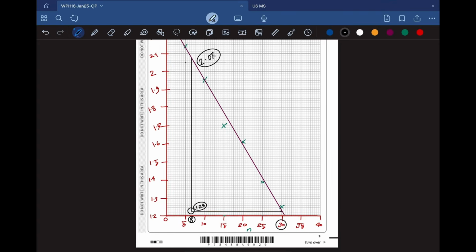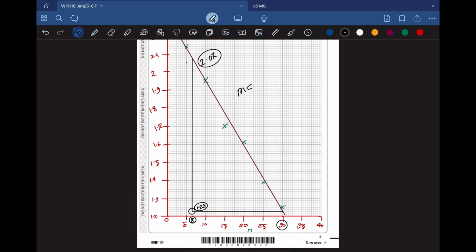So now let's write gradient m is equal to y2 minus y1 divided by x2 minus x1. We know our y2 value is 2.07 minus 1.23, which is my y1 value, divided by 8 minus 30, right?